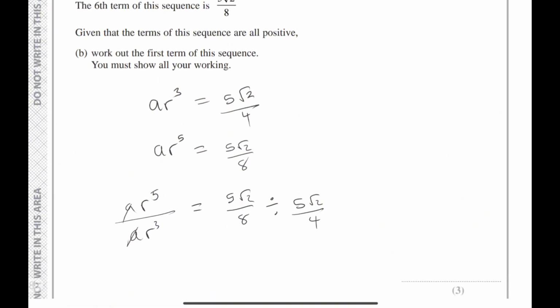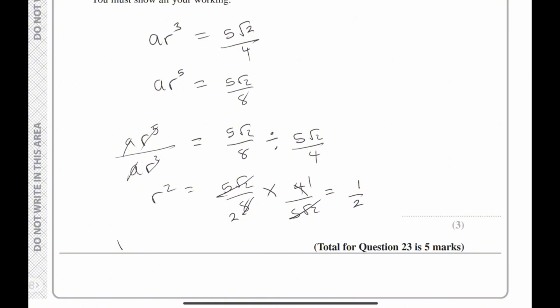We cancel the a, so r goes here, we have r squared. So this will be 5 root 2 over 8 times 4 over 5 root 2. These cancel each other out, and r squared is going to be 4 here 1, 4 here 2, so that is going to be 1 over 2. If r squared is 1 over 2, that means r is 1 over root 2.